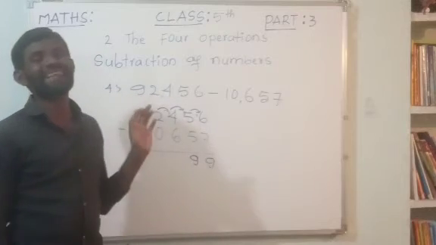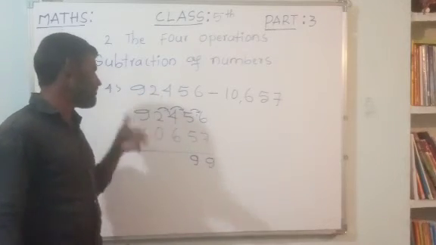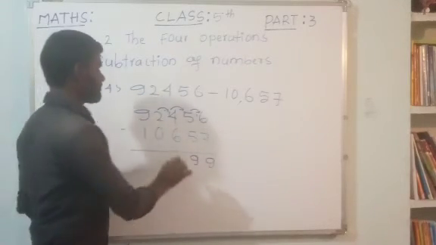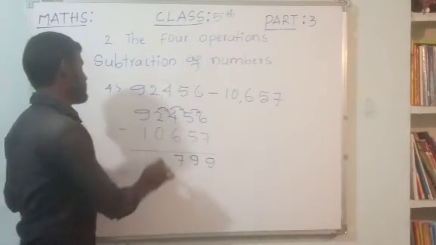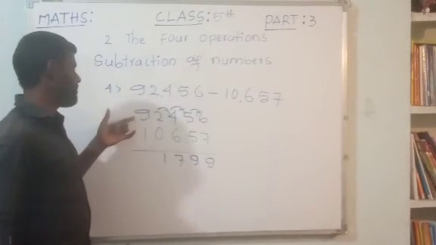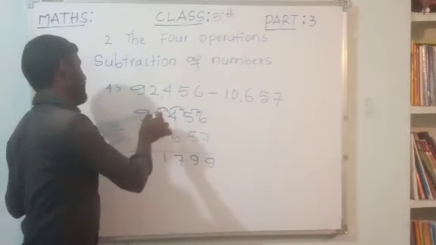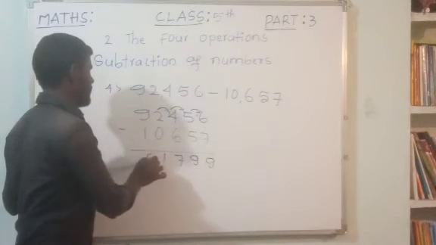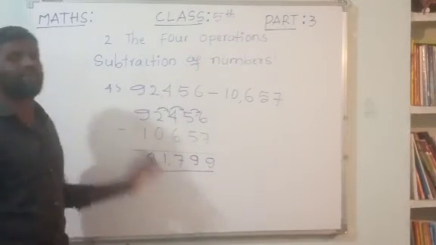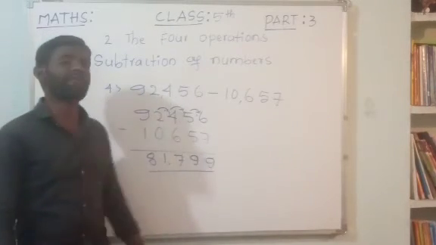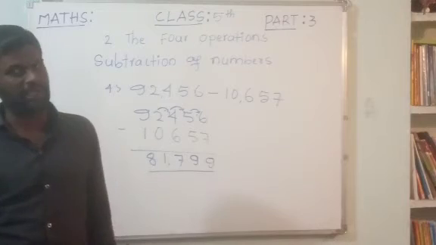That will be 13. 13 minus 6 means 7. This 2 reduces to 1. 1 minus 0 means 1. Then 9 minus 1 means 8. Here the answer is, dear children, 81,799, the right answer.